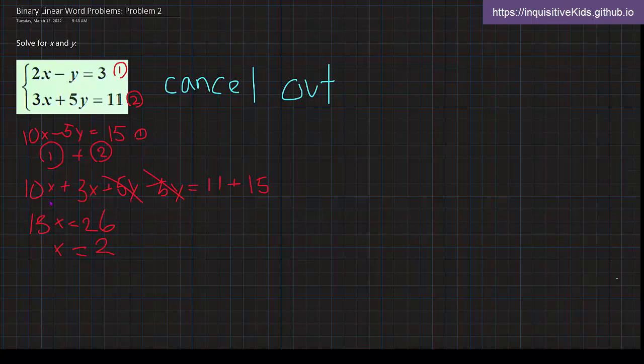I'll pick equation number 1. 2 times 2 minus y equals 3, which means that 4 minus y equals 3. So y equals 1. And our answer is x equals 2 and y equals 1.